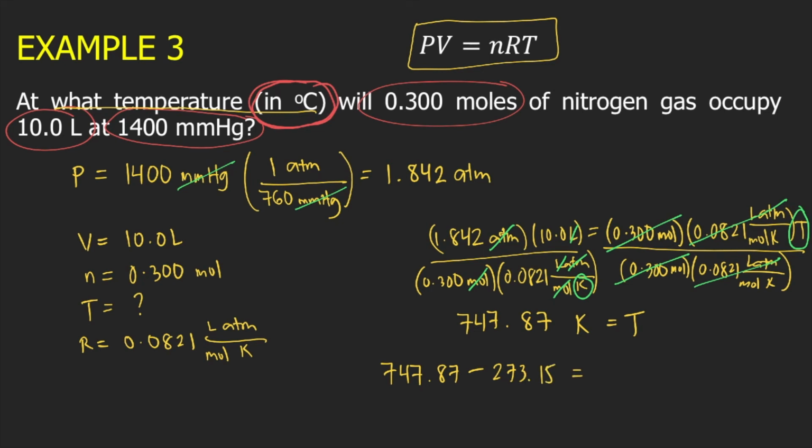If you do that, 747.87 minus 273.15, that is equal to 474.72 degrees Celsius. And this is the answer to the question.